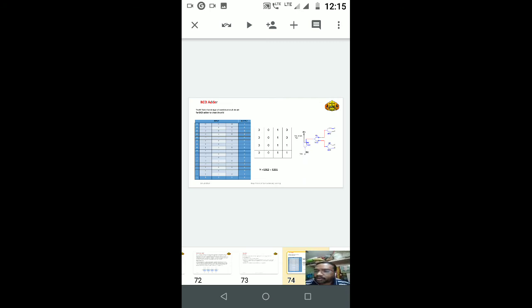In the second group you observe that it is generated for the third and fourth row. What is the output for the third row and fourth row?